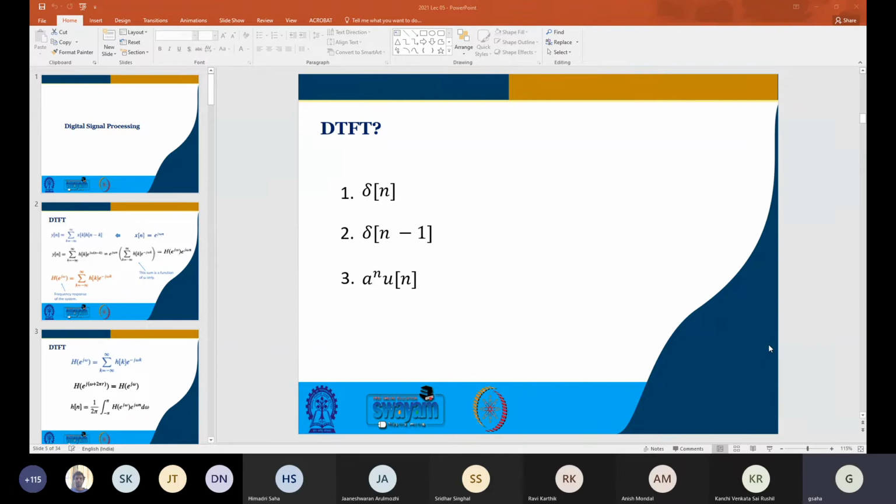Okay. I think, is anyone finding it difficult? How to calculate? Is there anyone finding it difficult? Shall I? Because not everybody is typing.